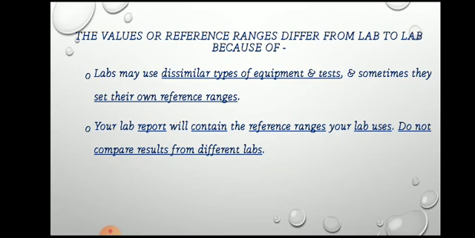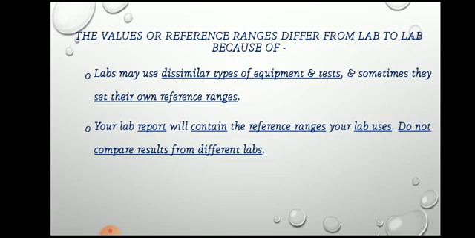Then the next thing: the values or the reference ranges, that is the standards, generally differ from one lab to another lab. In short, I have told you there are certain reasons behind that. The labs may use different types of lab testing equipment or machinery, which might be from a different manufacturer.